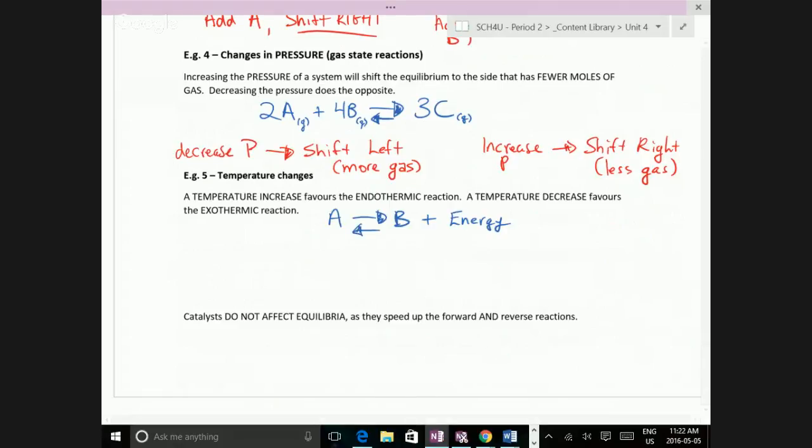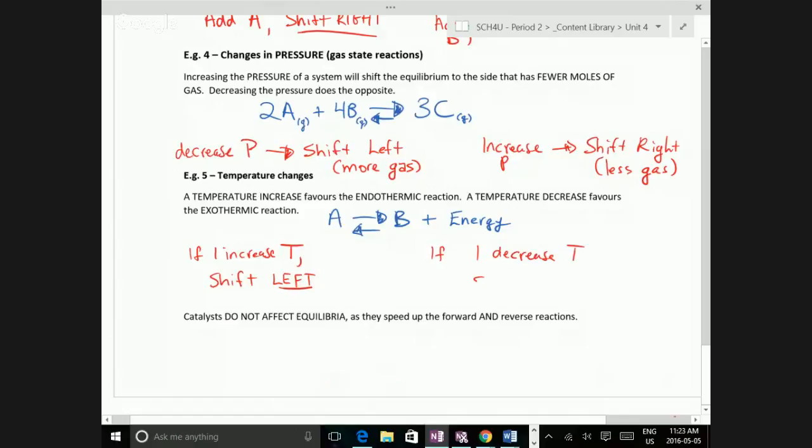And again, we would say, if I increase heat, it will shift which way again? If I increase the temperature, it would shift left. It would shift left to use that heat and get rid of it. If I decrease the temperature, it will shift right.